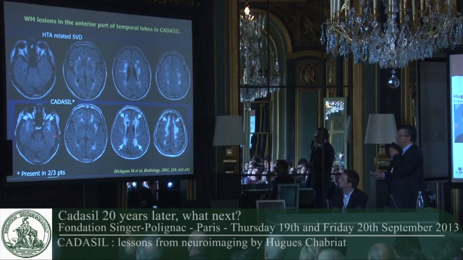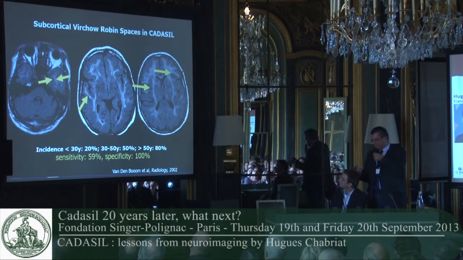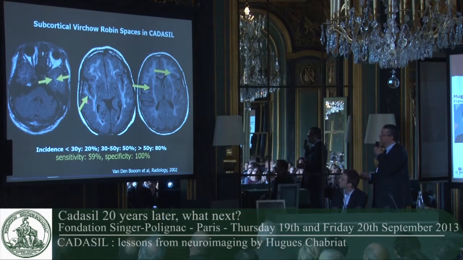I told you before that this is a frequent feature of patients, but this is often associated with dilated perivascular spaces. And you can see here on FLAIR images a typical feature of CADASIL with not only hyperintense lesions on thin slices of FLAIR images, but also the presence of hypointensities between the cortex and the subcortical white matter.